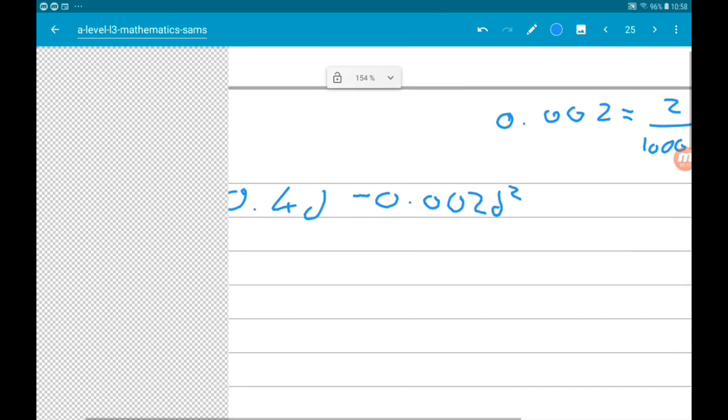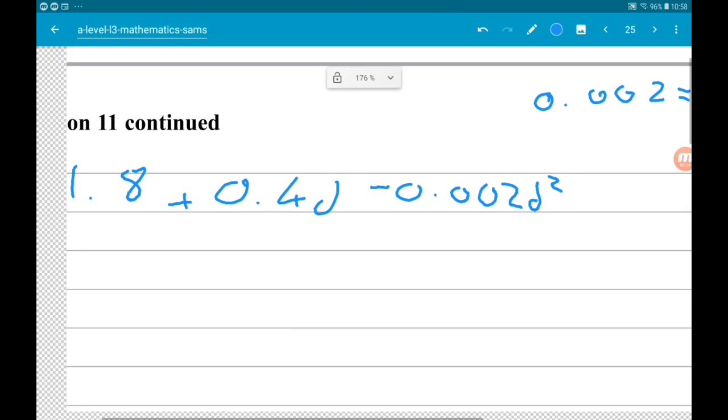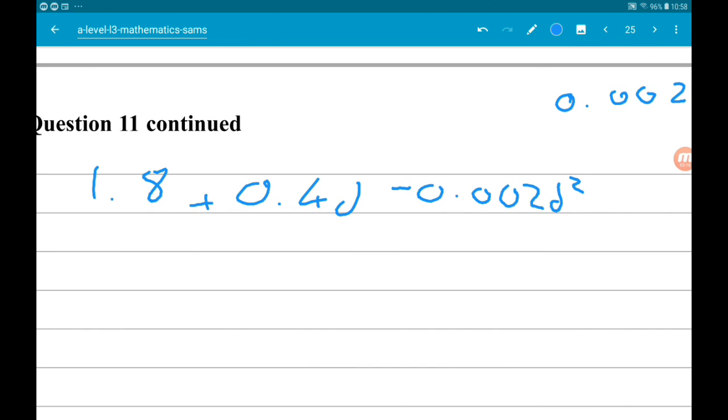So we're going to take out the front a factor of minus 1/500th. Some teachers will tell you to only do it on the d terms. Do it on the whole thing, it's a lot less complicated.